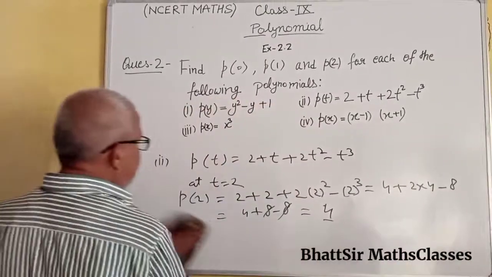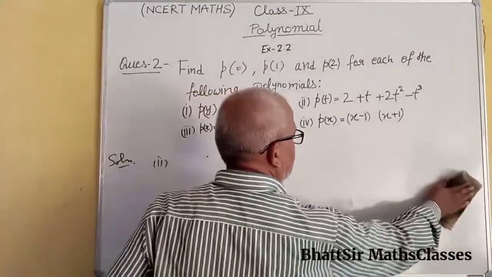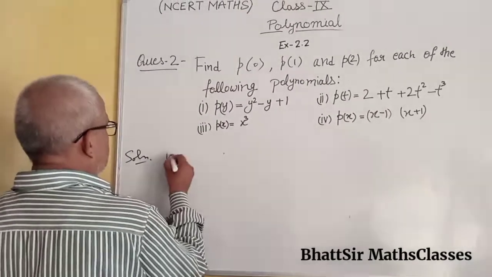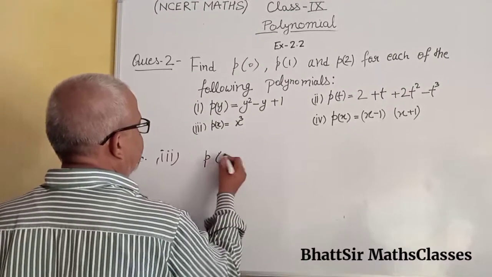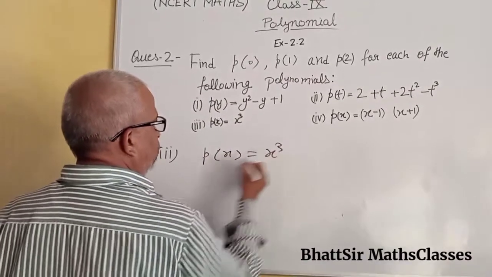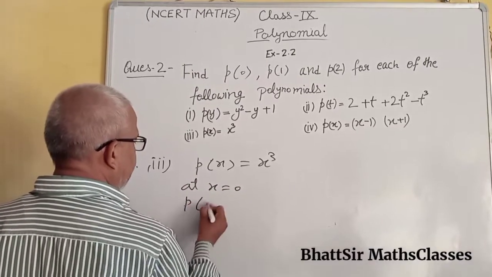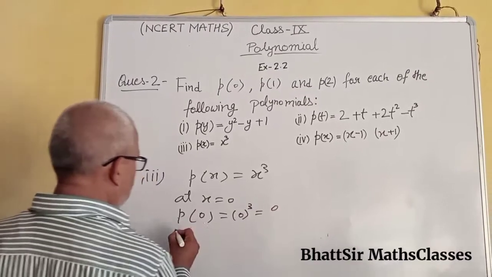Now I am attending the third part of this question. P(x) equal to x cube. At x equal to 0, P(0) equal to 0 cube, equal to 0.